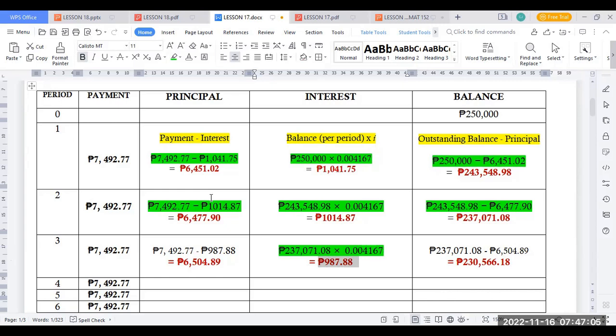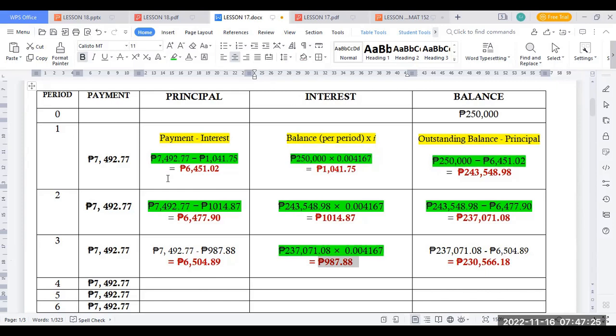I-round off nyo na lang into 2 decimal places. Kasi this one is 987.8751904. So, 0.875, 5 yung katabi ni 7, so you will add 1. Kaya naging 0.88.